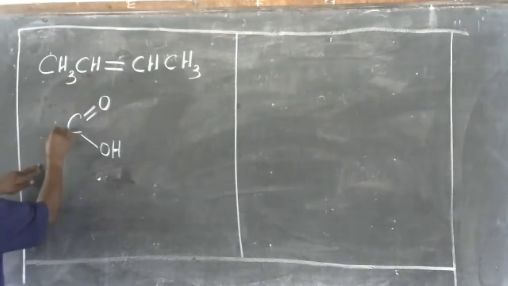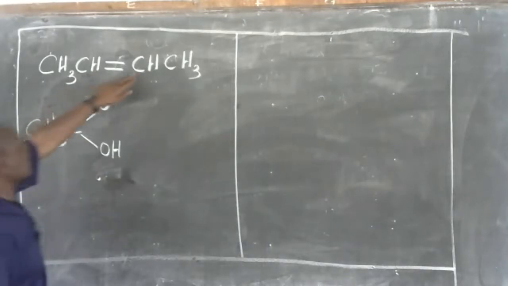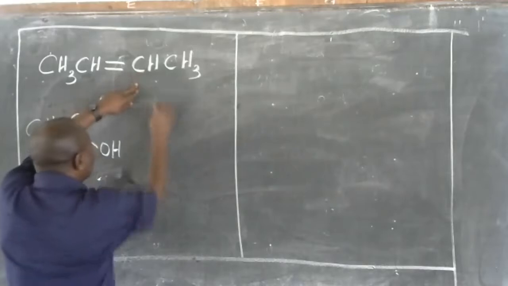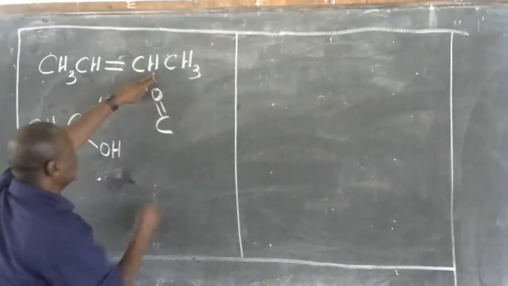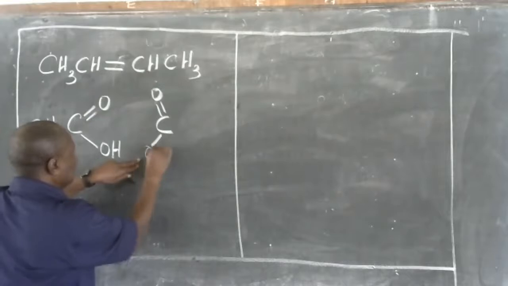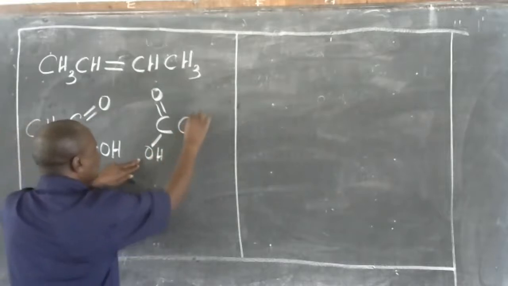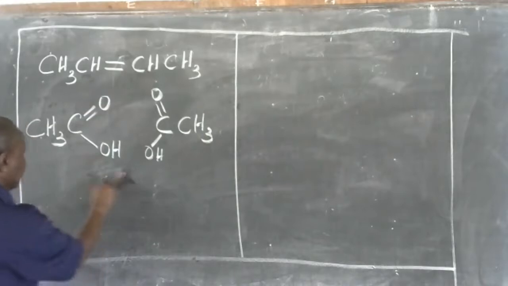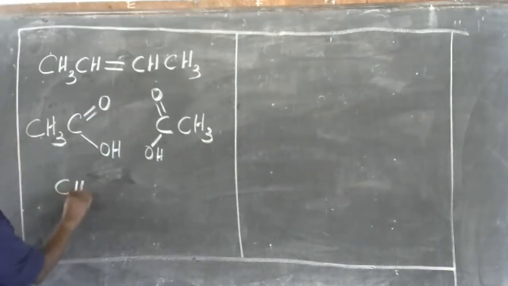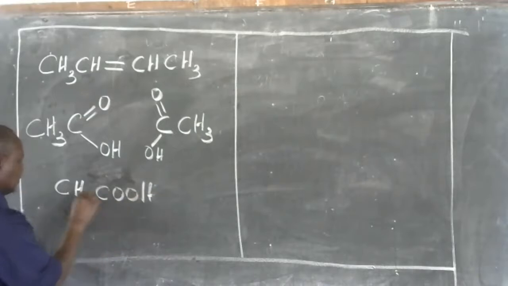Then we have our CH3. And the same applies to this one here: the carbon of the double bond gives us CO, the hydrogen gives us OH, and then we have CH3. So this one is ethanoic acid, which is CH3COOH.